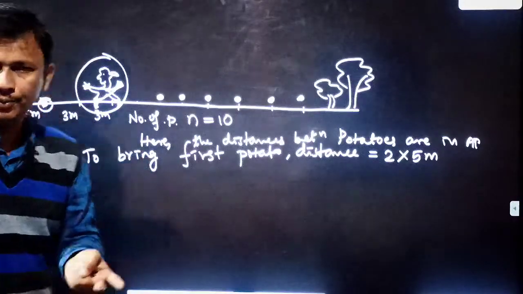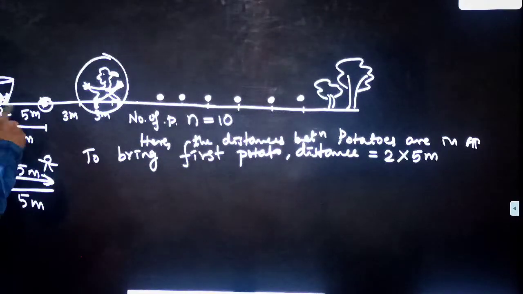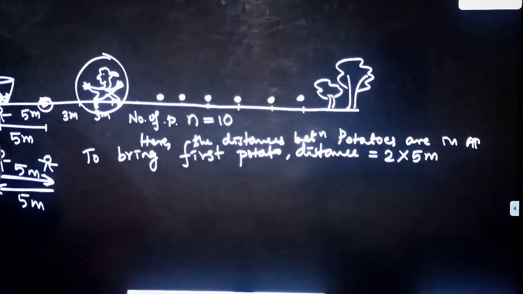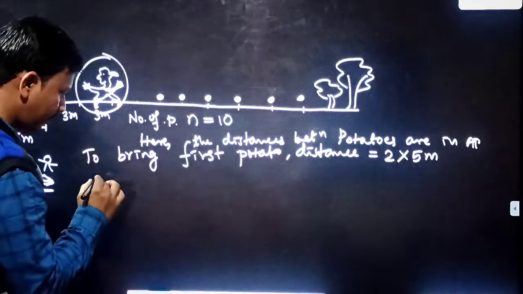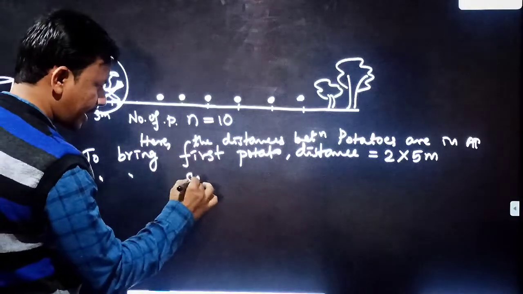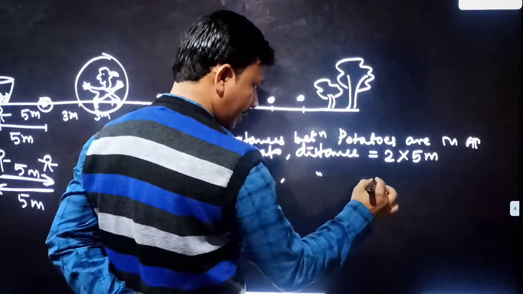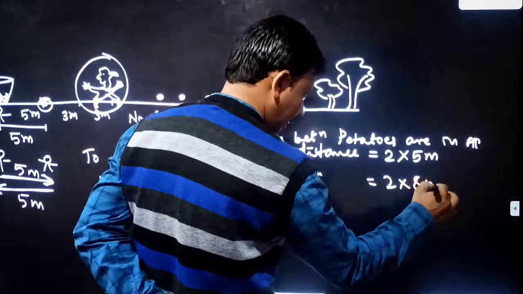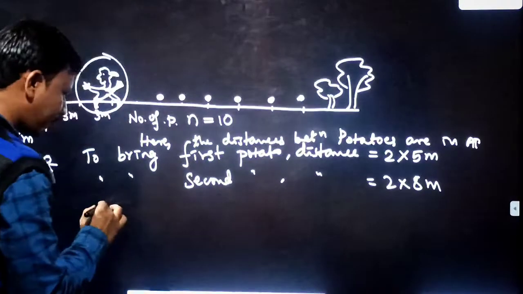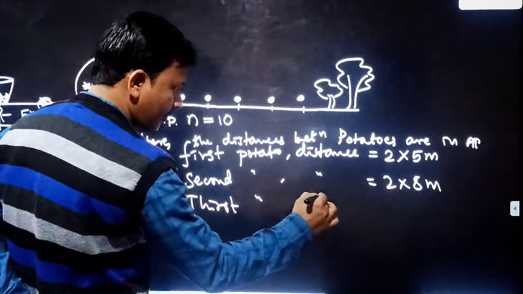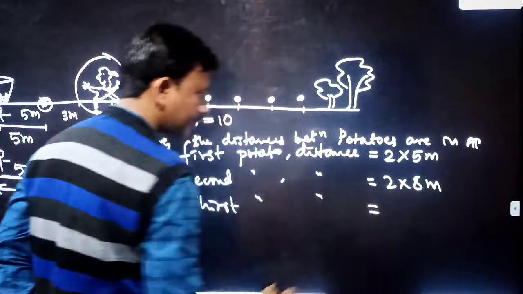Correct? To bring the second potato, 5 plus 3, 8 meter plus 8 meter. 2 into 8 meter. Correct? To bring the second potato, distance is equal to 2 into 8 meter. To bring the third potato, what is the distance? 11.